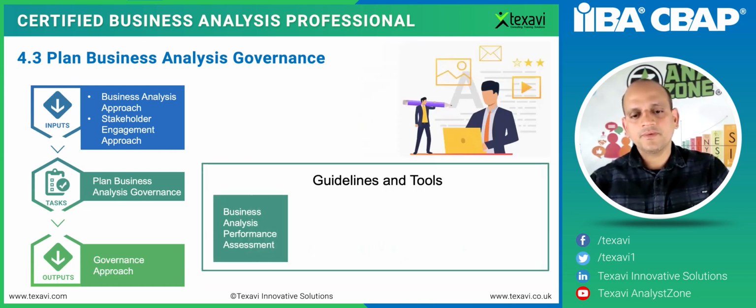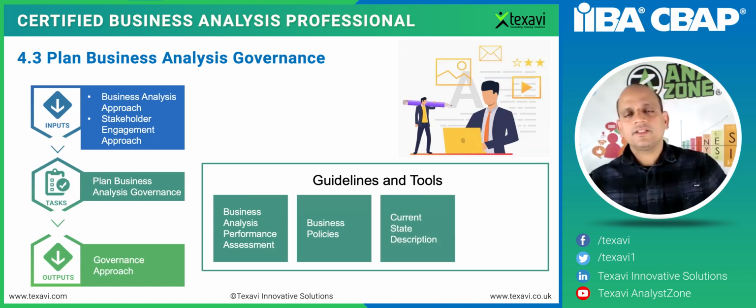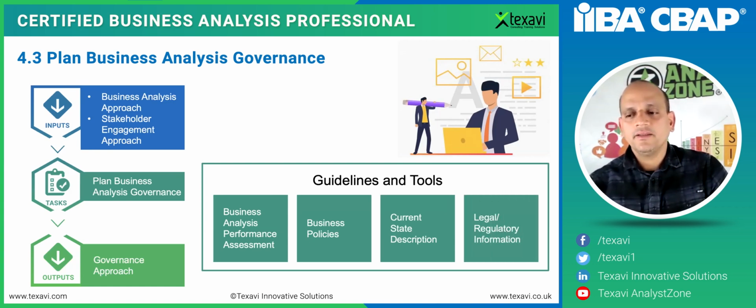In terms of the guidelines, you've got business analysis performance assessment: who is performing how in terms of their role, their job, their tasks, and how well they're performing. Then the policies around business analysis, the procedures, the current state description, the as-is description, and then the legal or regulatory information and business rules.